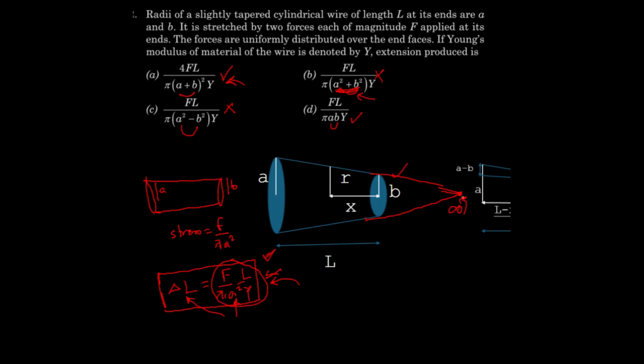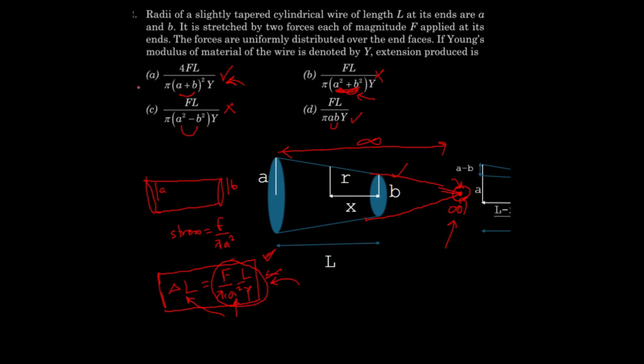If stress at any section becomes infinite, strain here will be infinite, and therefore the change in length of this wire will be infinite. So if B becomes 0, we should get infinite strain.